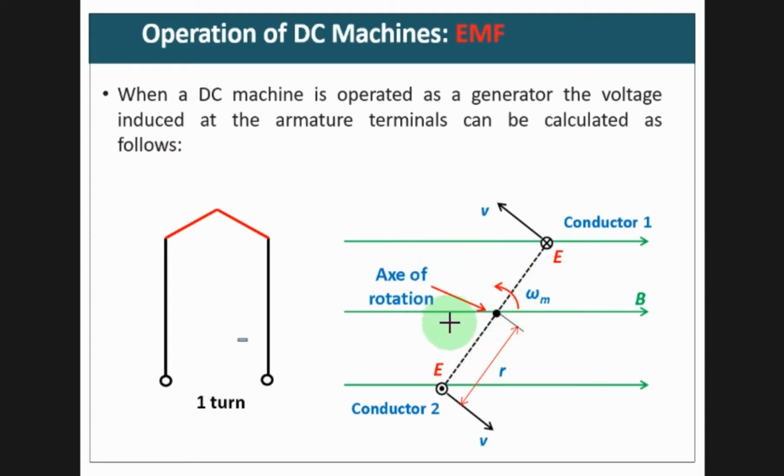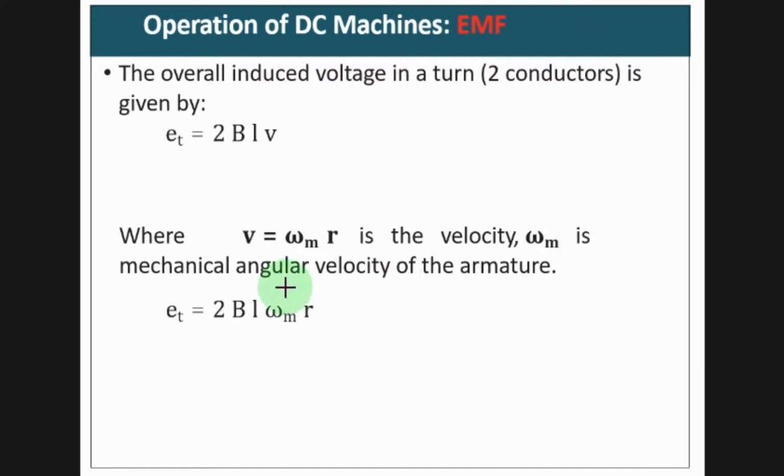So in that case, if the coil is rotating at omega m radians per second, we can find the generated EMF by using the formula that we are going to derive here. If it is a single conductor, it will be BLV, but there are two sides in one coil.